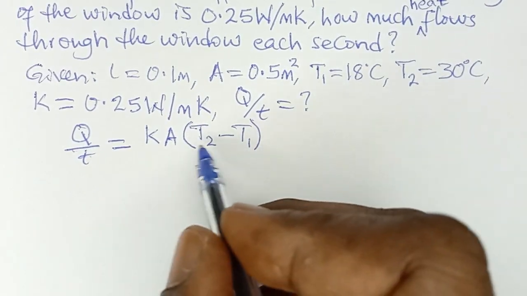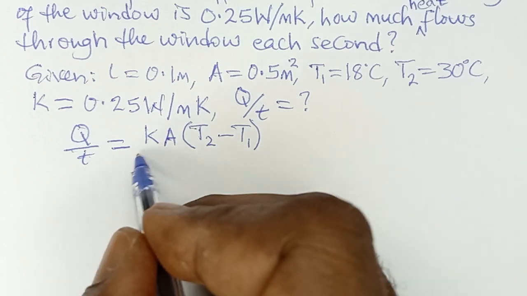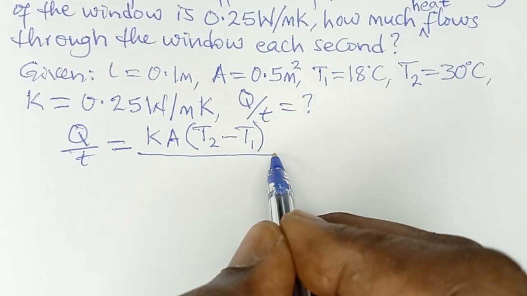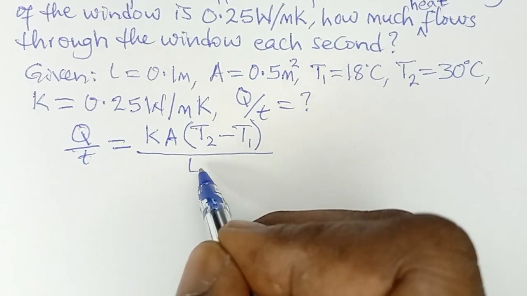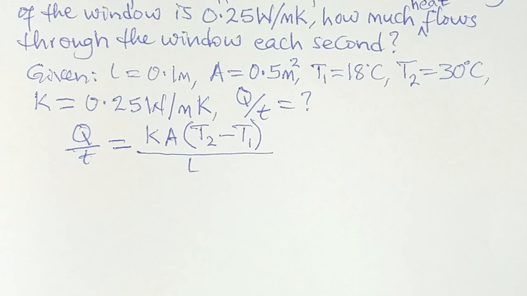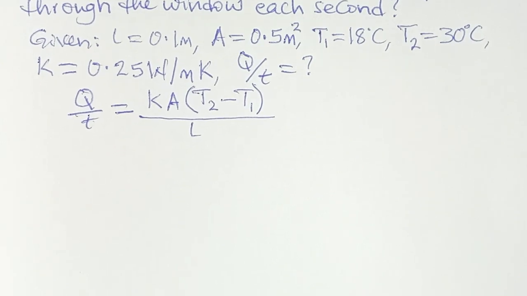This is the temperature difference or the temperature gradient. And then all divided by the thickness, L. So now that we have the formula, we can substitute right away and obtain the answer.